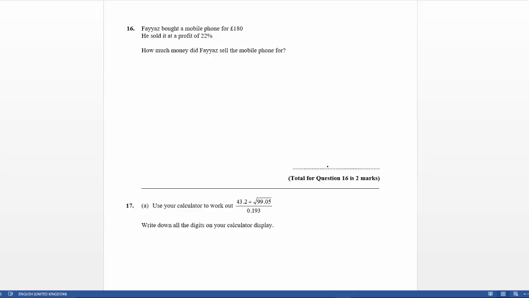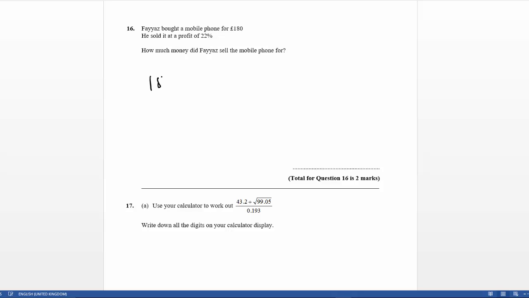Question 16. Fayaz bought a mobile phone for £180. He sold it at a profit of 22%. How much money did Fayaz sell the mobile phone for? Straightforward question here.